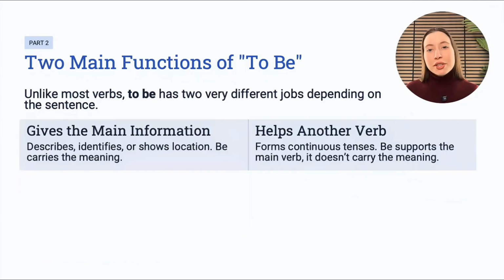So unlike most other verbs in English, to be has two main functions. The first is when it carries the main meaning in the sentence in the form of describing something, identifying, or showing location. We also call it a linking verb. And the second is when be helps form another verb form and does not carry the main meaning in the sentence.